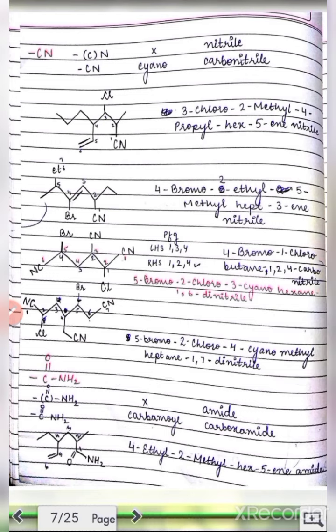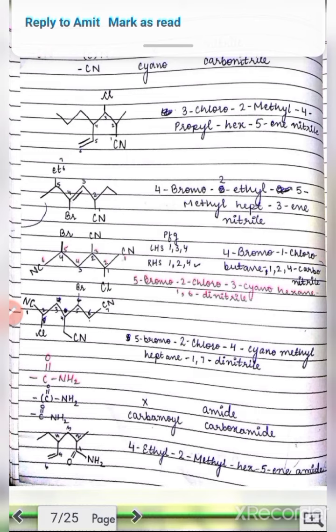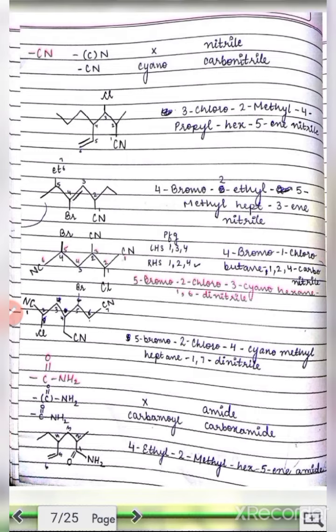Now the next group is the amide group. If C is included, then it is known as amide, and if C is excluded, then the prefix used is carbamoyl and the suffix used is carboxamide.